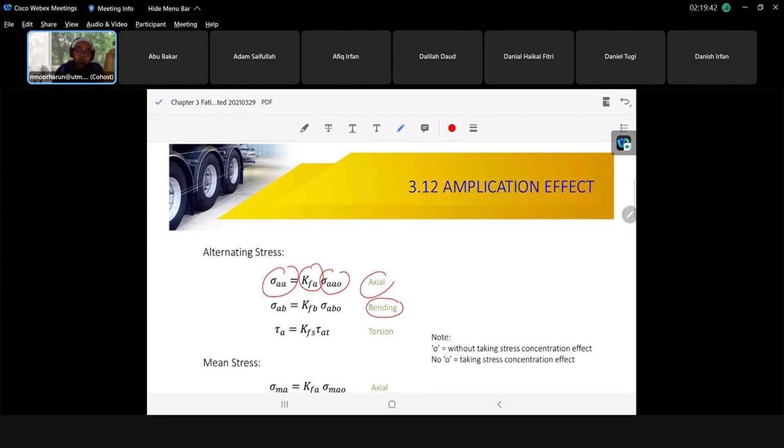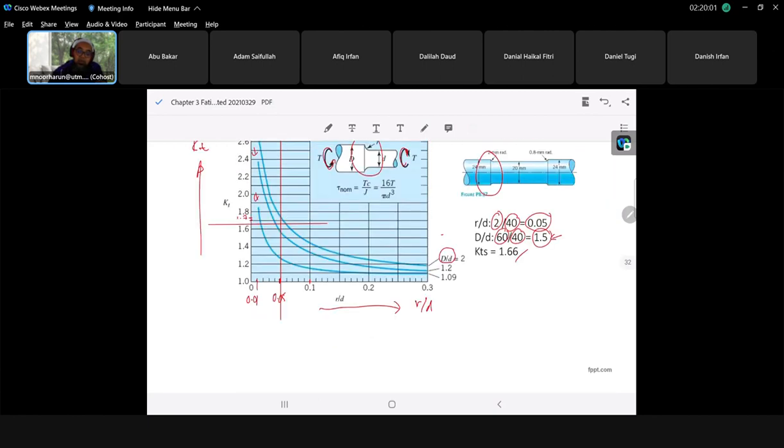If we identify the right one here, axial and bending, we will get the right answer. If we determine the wrong axial and bending, we will get the wrong answer until the end. Okay, that's the most important.